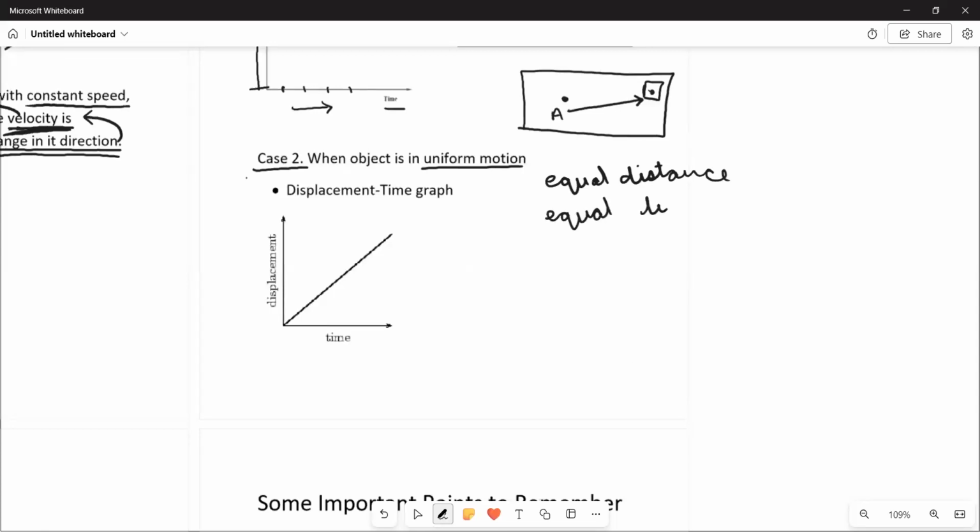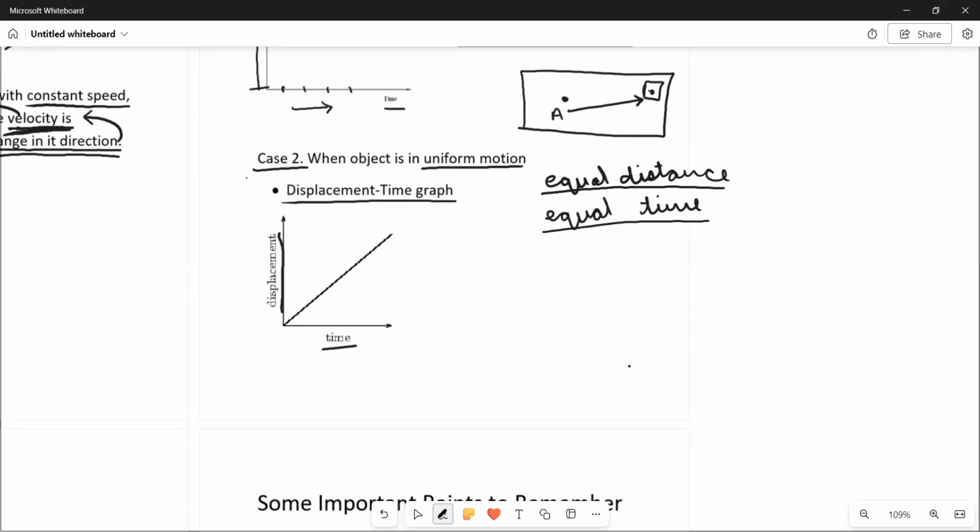Now check. We can see there is displacement on the y-axis and there is time on the x-axis. So we'll call this graph the displacement time graph.